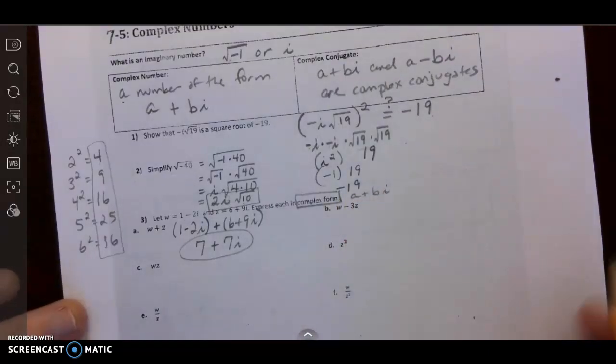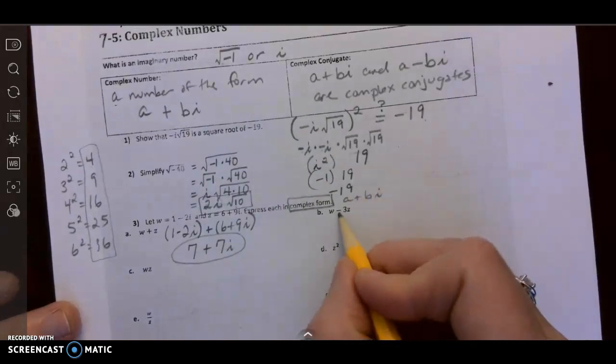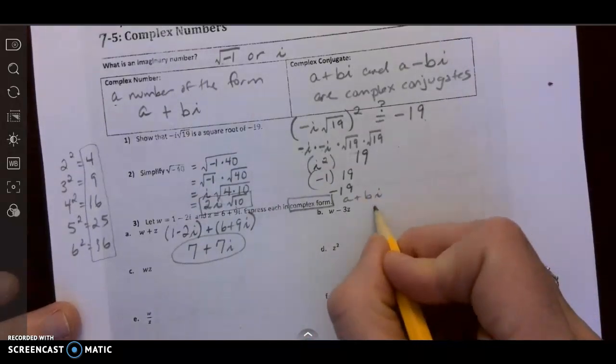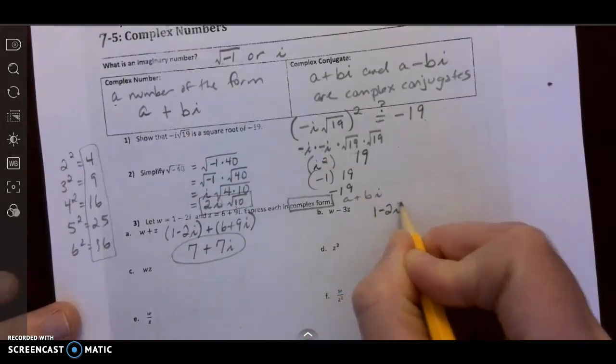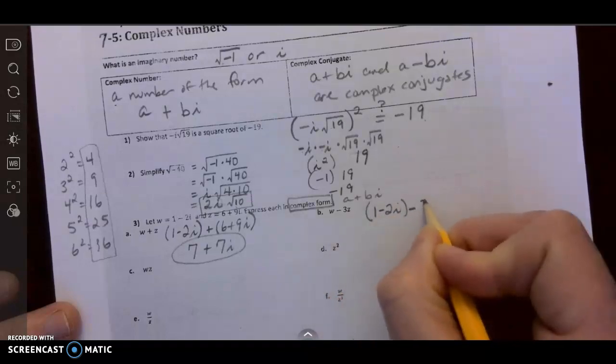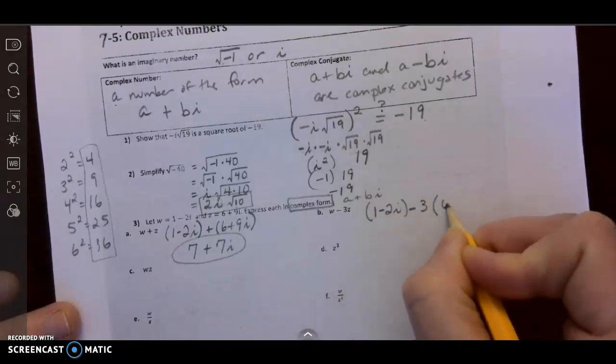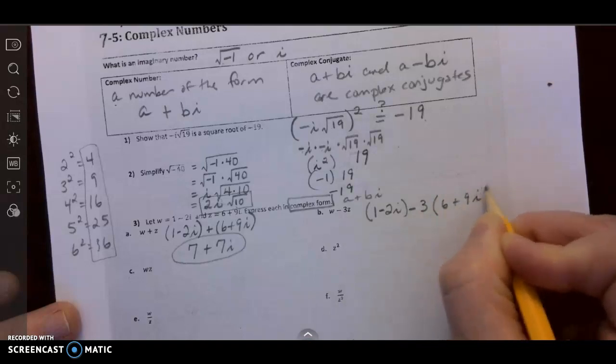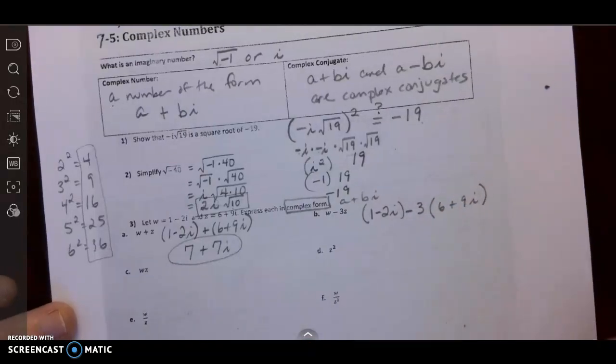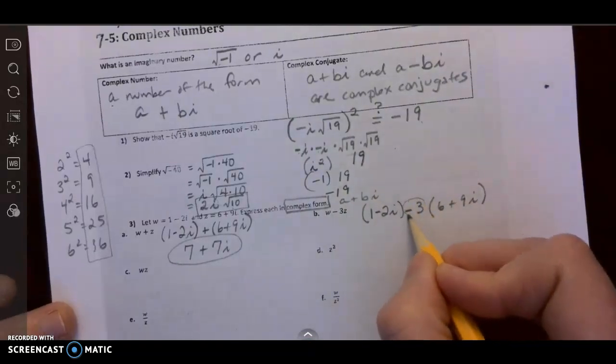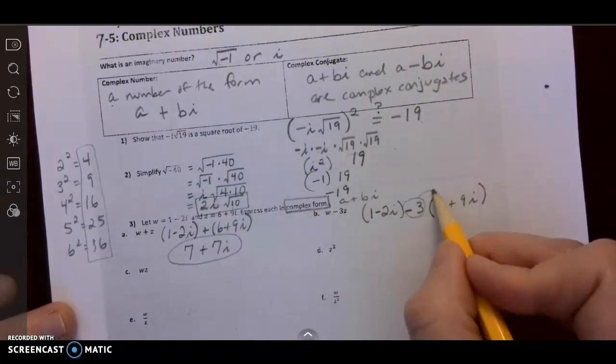Let's go to letter B. w minus 3z. So I've got 1 minus 2i minus 3 times z, which is 6 plus 9i. I'm going to need to distribute the negative 3.